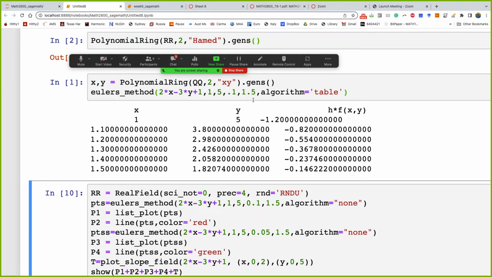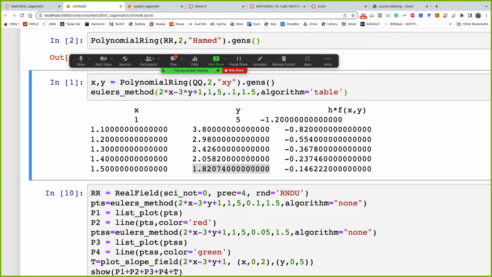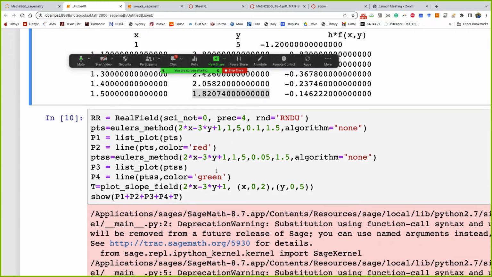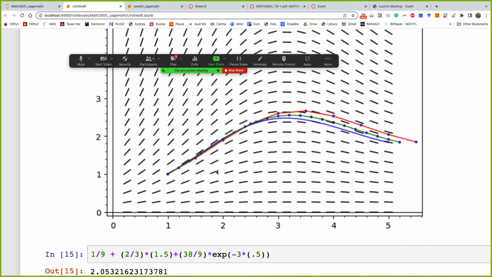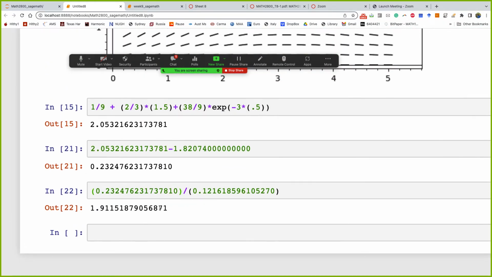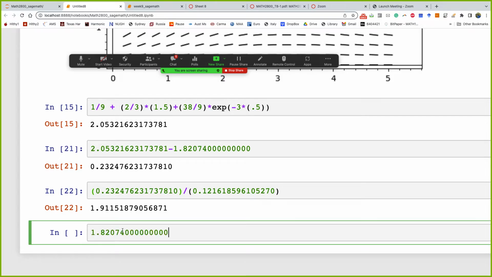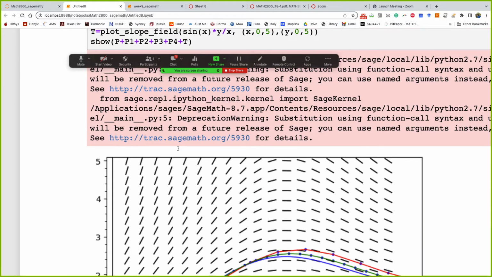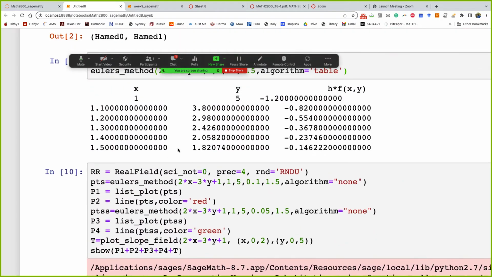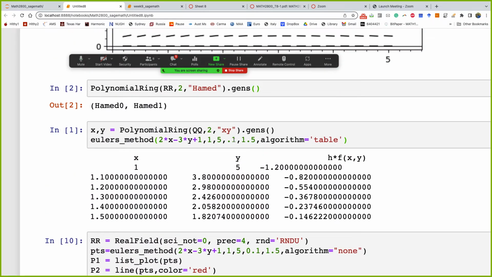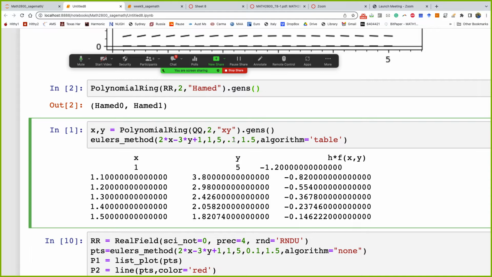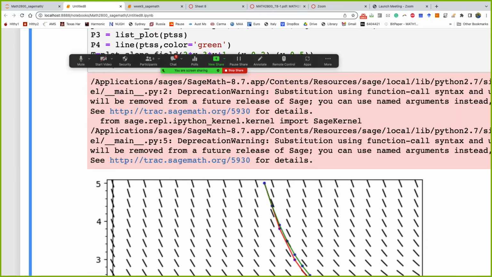So we found it. Let's save it somewhere because we need it. What's the other step? 0.1. Please tell me. I need to change this one to 0.05. Excellent, thank you very much.